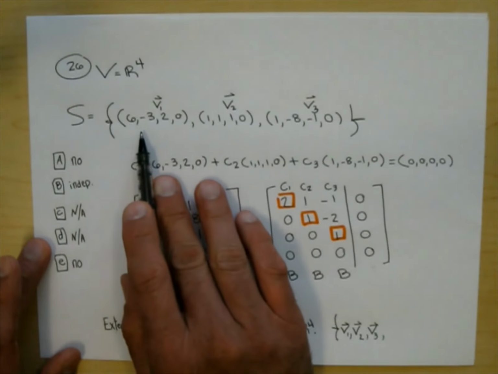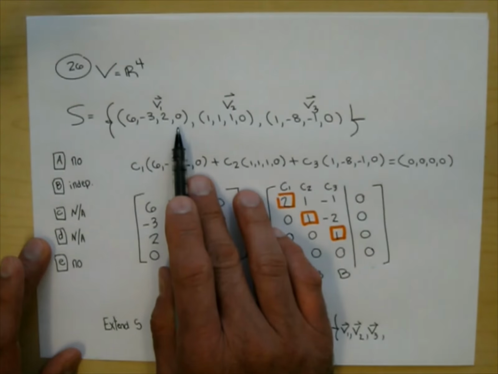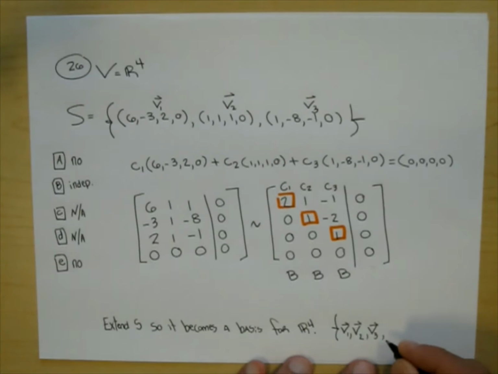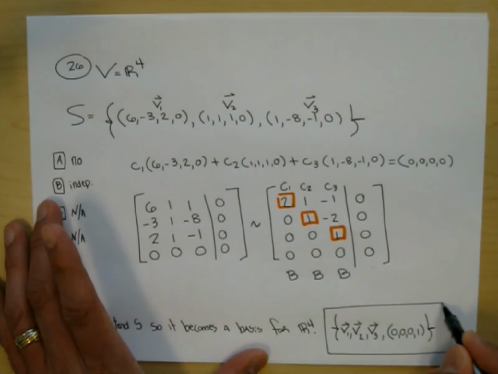But what do you notice about each of these 3 vectors? When you do linear combinations, and you may have noticed from this matrix, you never cover that last coordinate. So let's just extend this basis by putting 0, 0, 0, 1, sometimes called E4, into that set, and then this is the extended basis.